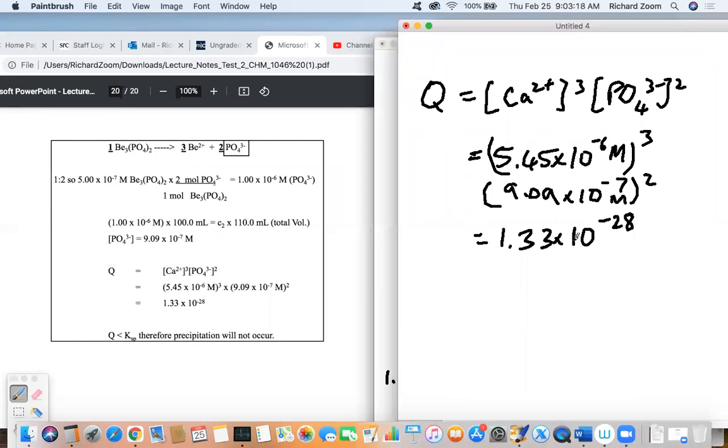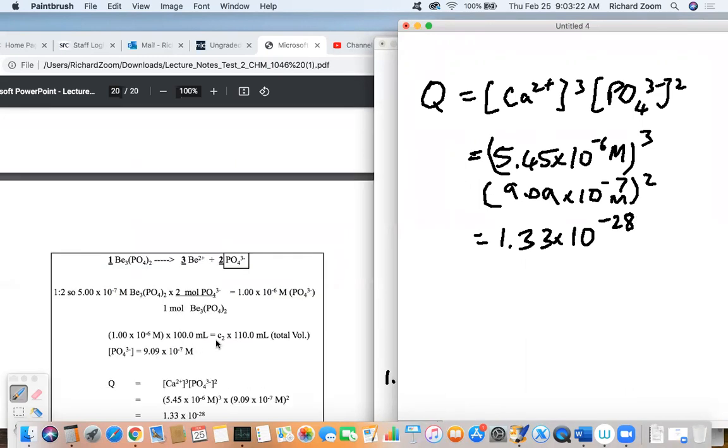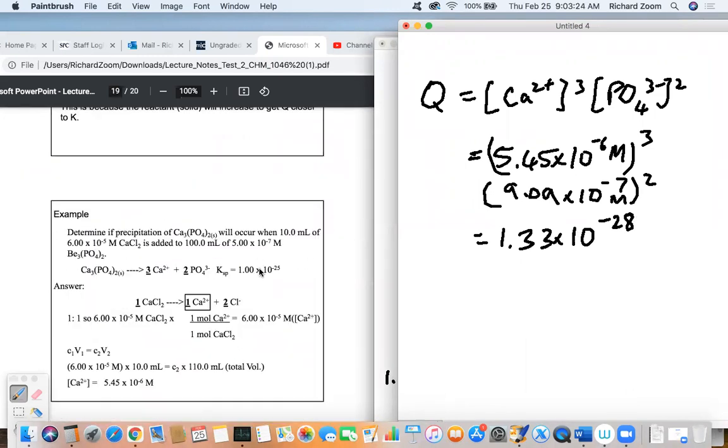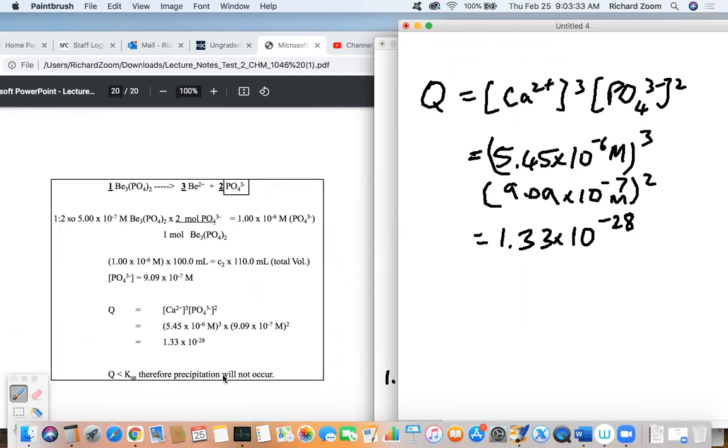And then to figure out if precipitation occurs or not, look at the Q value compared to the Ksp value that's been given here. And it comes out to be less than 1.00 times 10 to the negative 25, which means that precipitation won't occur. Does anybody have any questions?